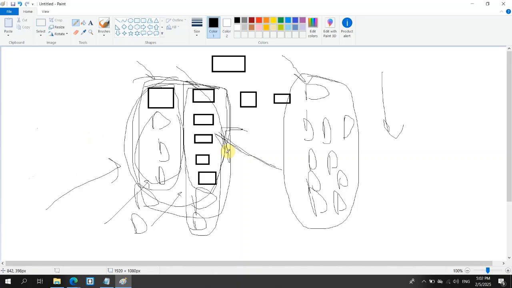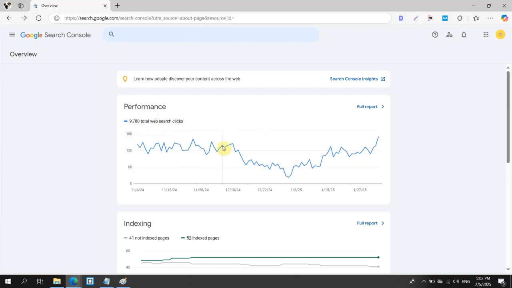Probably about 5 or 6 years ago, you could still be doing SEO without thinking about doing branding, but nowadays it's hardly going to work for you in the long term. You see, like this client here, I'm just showing you here.